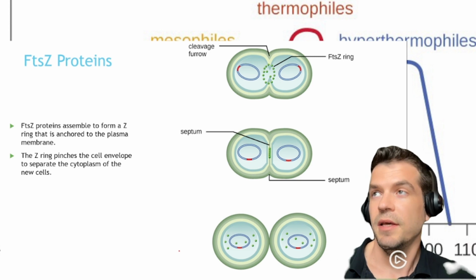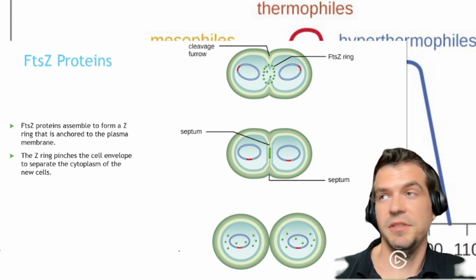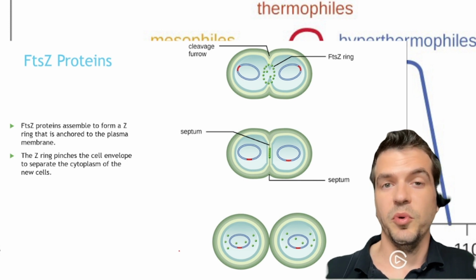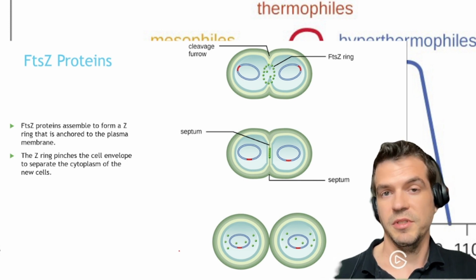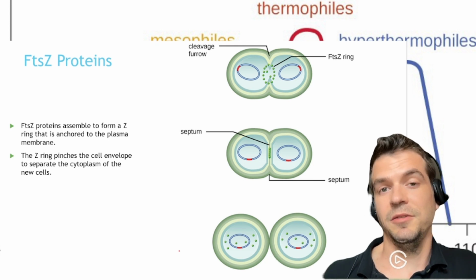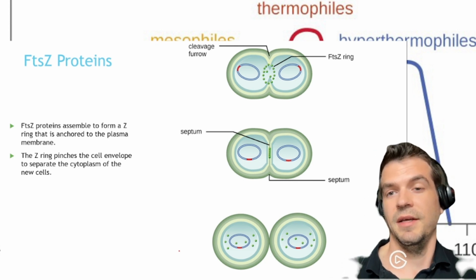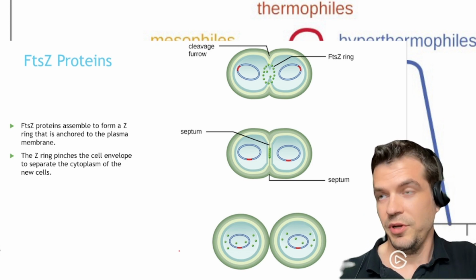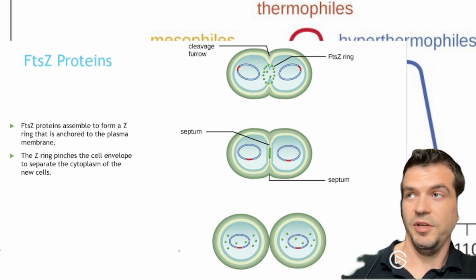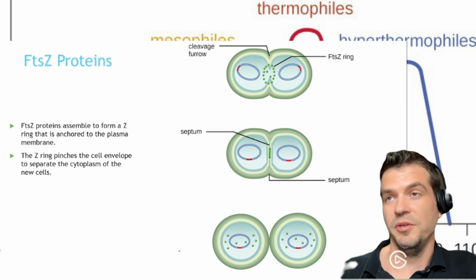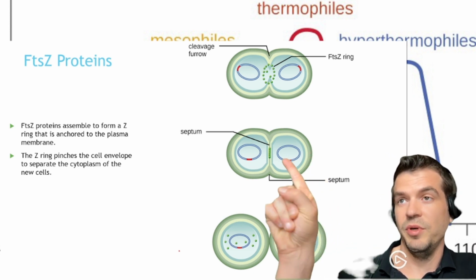The name FtsZ protein is not going to be important to remember. What's important to remember is that it is a protein that is doing it. You need to have the protein go through the central dogma, DNA to RNA to protein, and that protein is one of our essential biomolecules, because they are the ones doing the work.